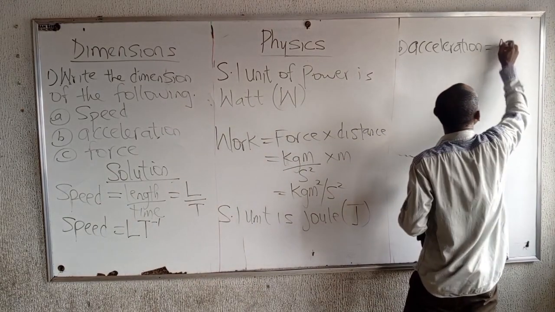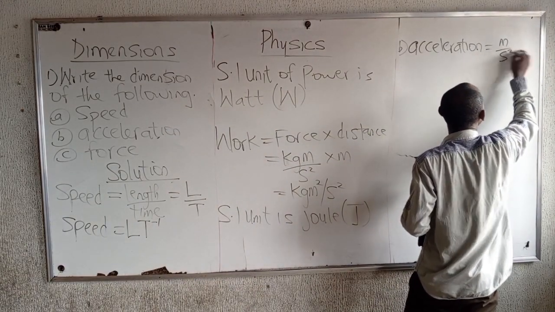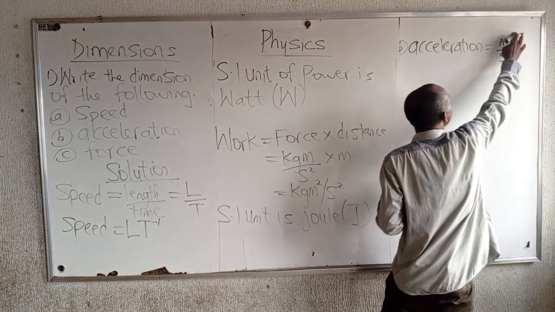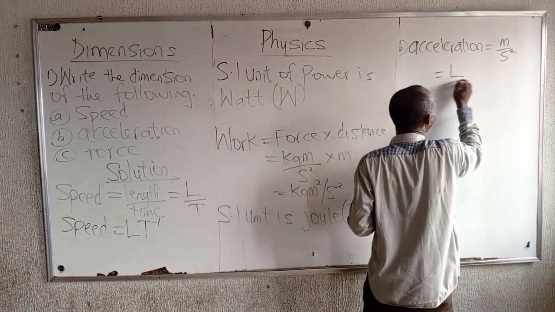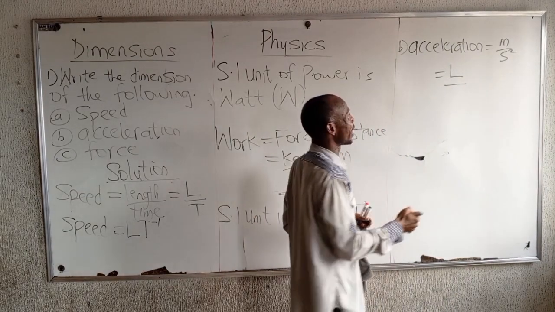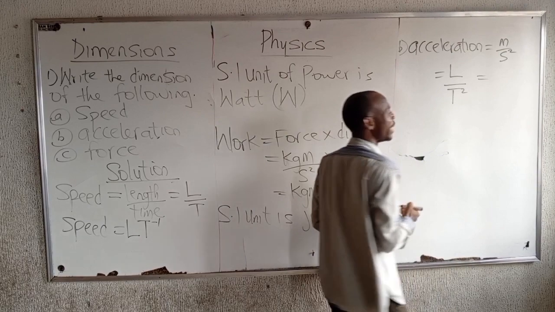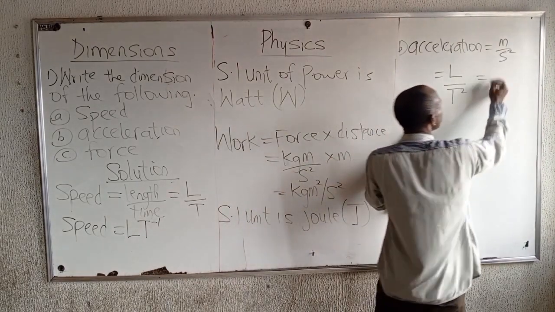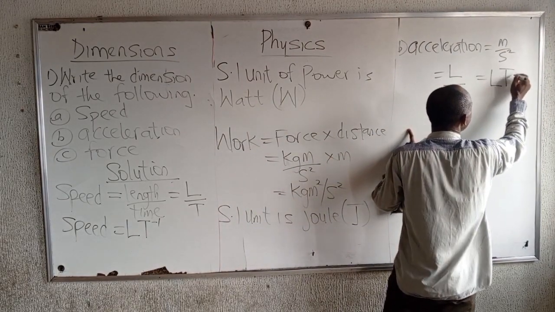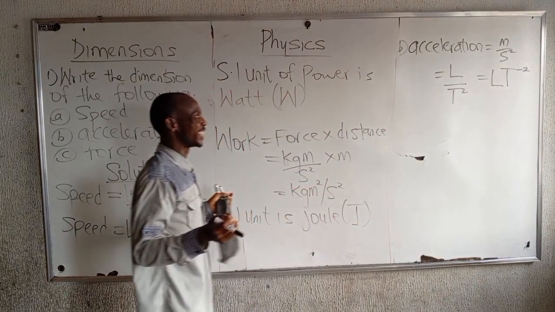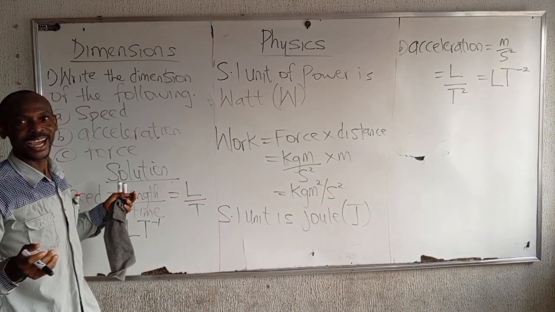Meter per second square. Is that not so? Now, what is meter? Meter is for length. And what is our second? Second is for time. So it means the dimension can now be written as L T raised to power minus 2.